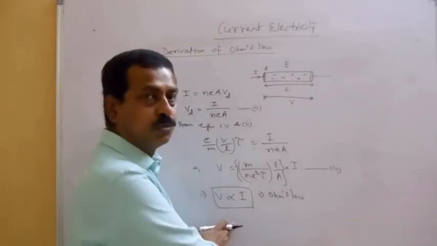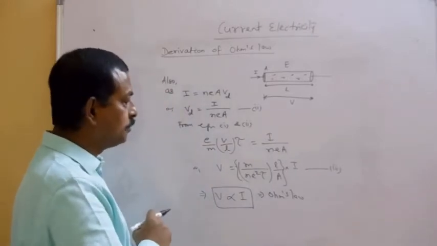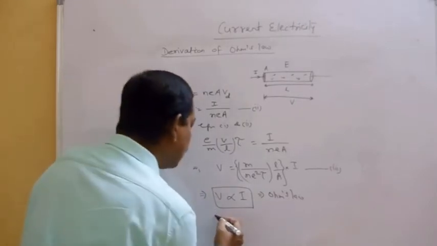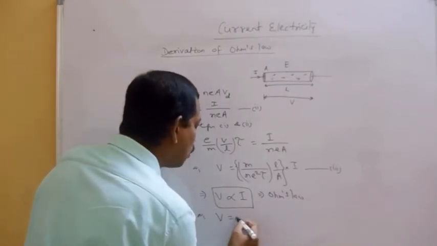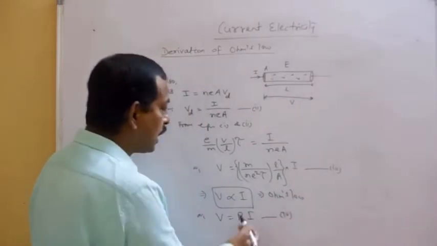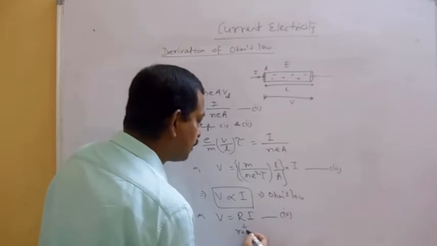We can write V proportional to I as V equals RI. Let's call this equation number 4, where R is the proportionality constant, which we call the resistance.